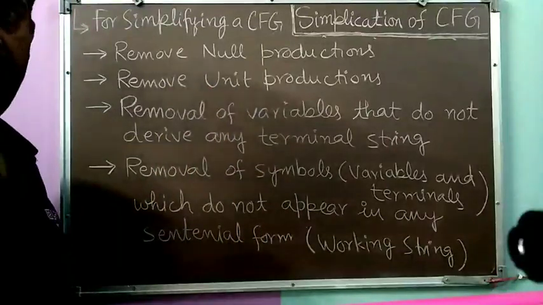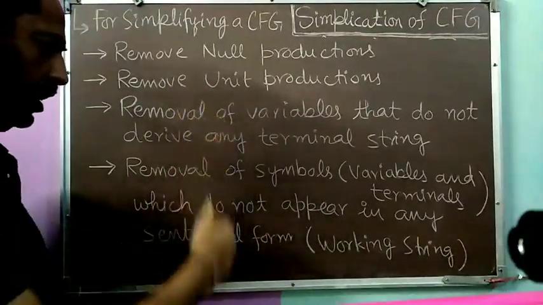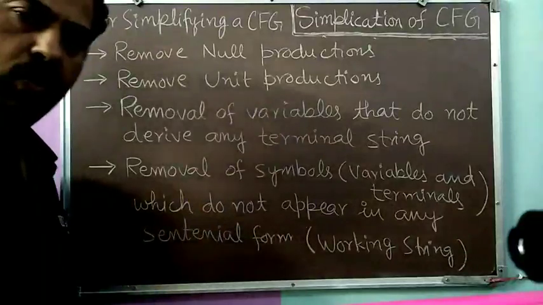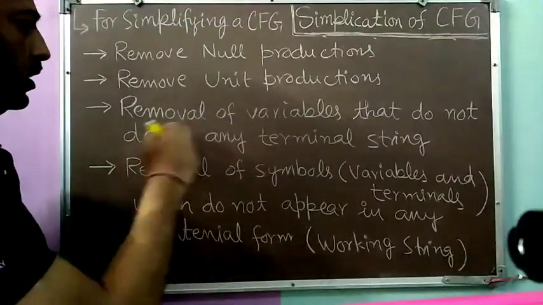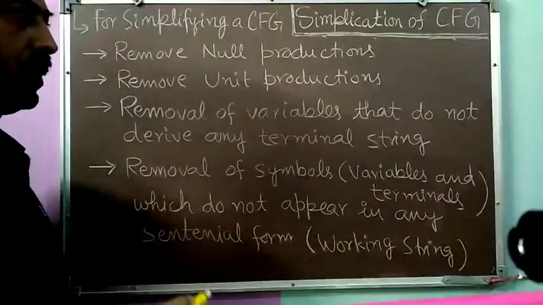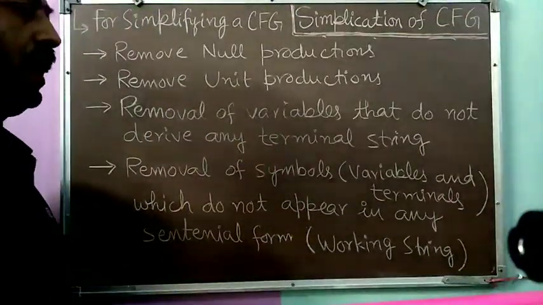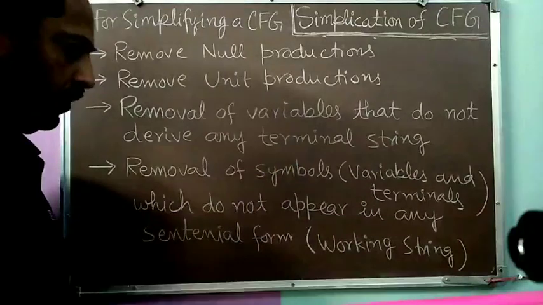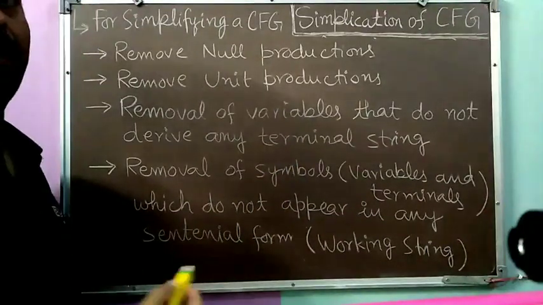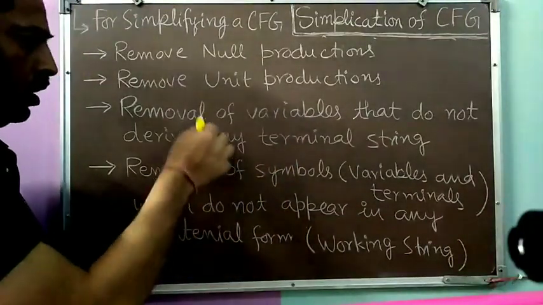And these last two steps we have to always perform, because without performing these steps, we will not be able to know which variables do not derive any terminal string or which symbols do not appear in any sentential form.